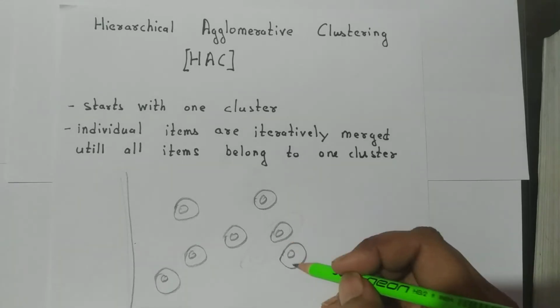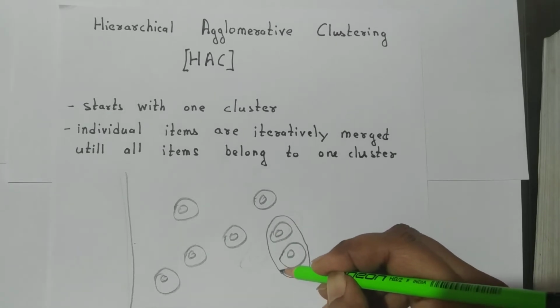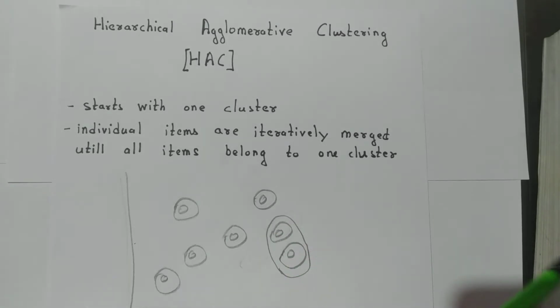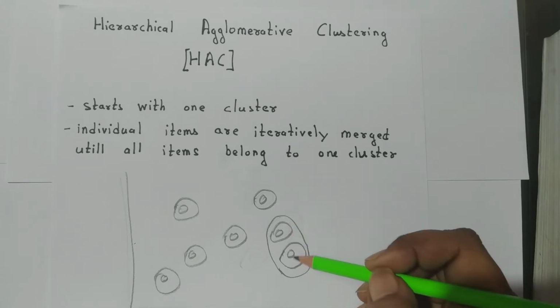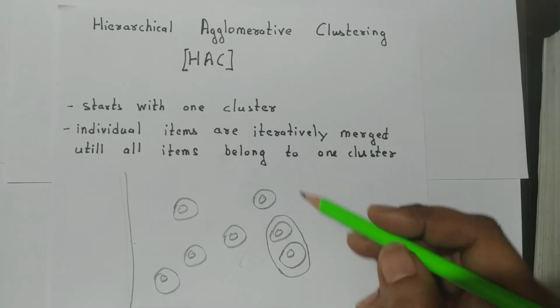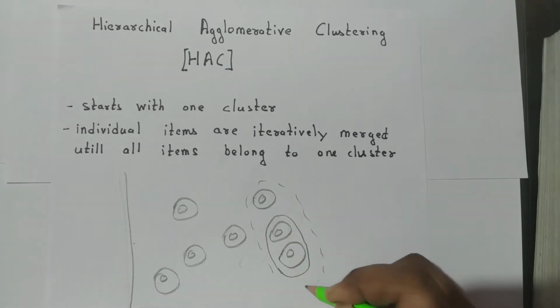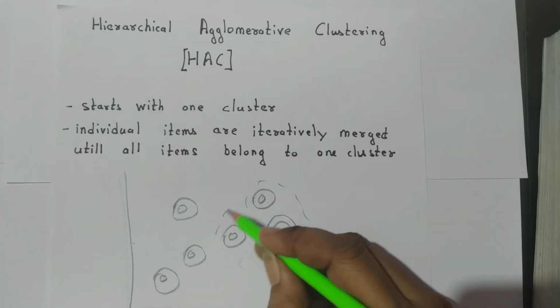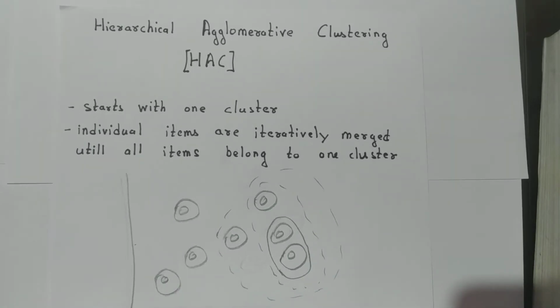HAC starts merging the clusters together based on certain criteria like shortest distance, farthest points, or average distance. So it first merges two points together to form one single cluster, and then it merges other points until it results in one single cluster.